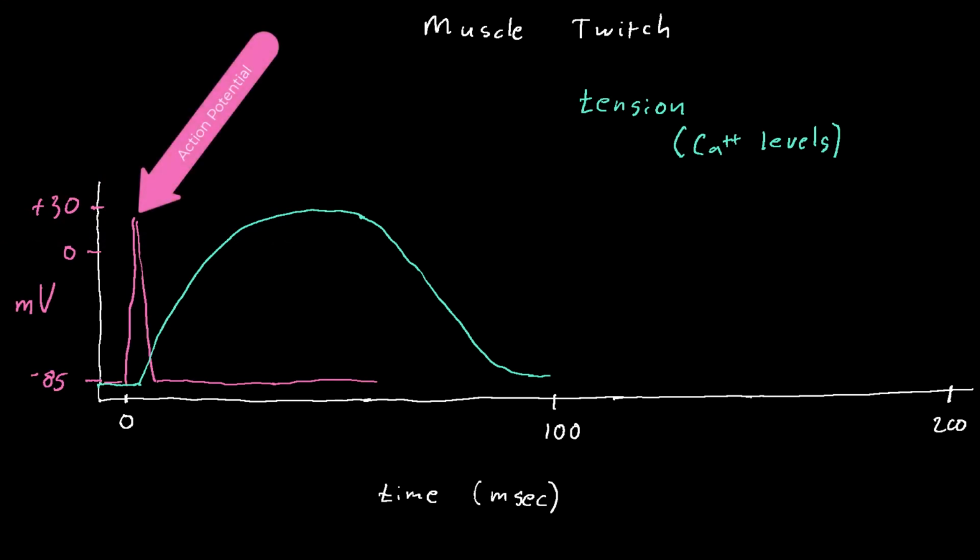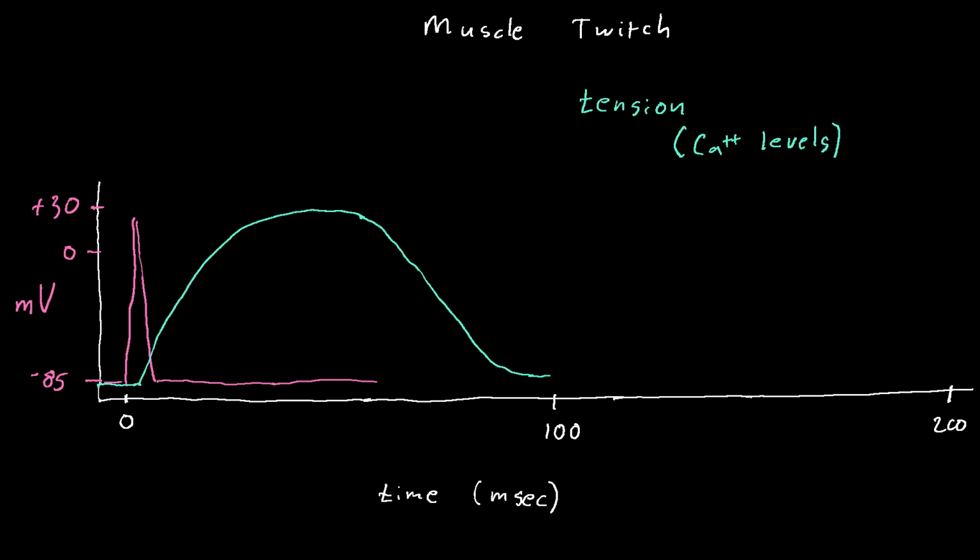An action potential results in generation of force that lasts maybe 100 milliseconds. The force generated by a single action potential is called a twitch, and it's proportional to the number of cross bridges that are formed. So imagine that enough calcium is released that half of the myosin binding sites on the thin filament are exposed.